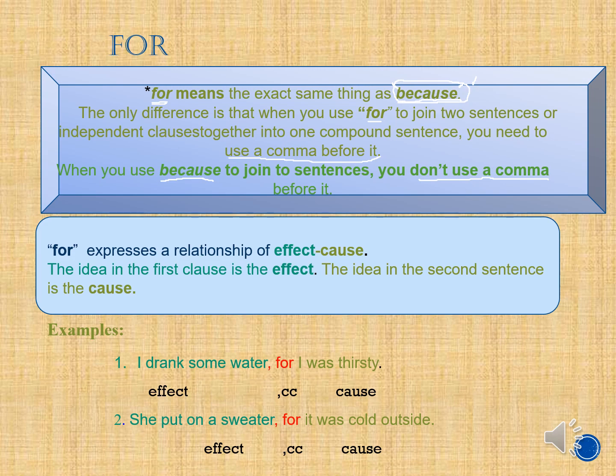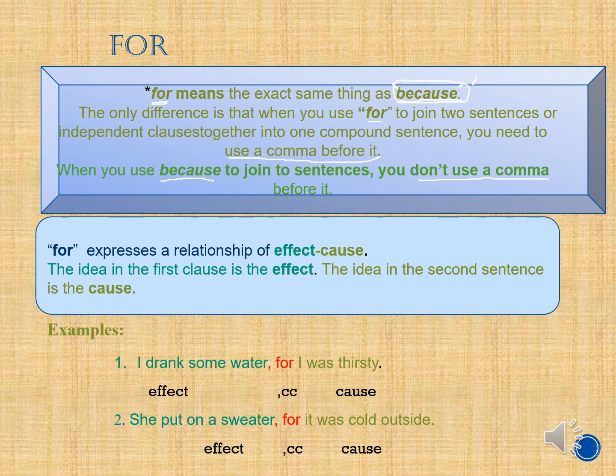The best coordinating conjunction for this situation is going to be for, because it's telling the person who is listening to me that the effect is that I drank water because I was thirsty.